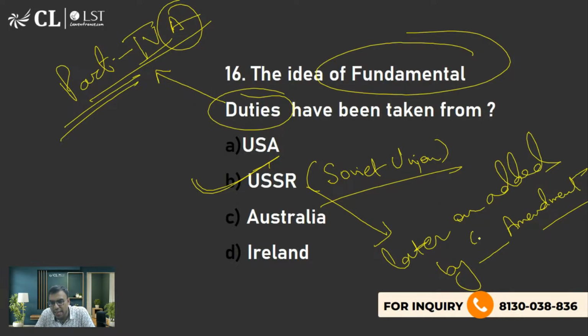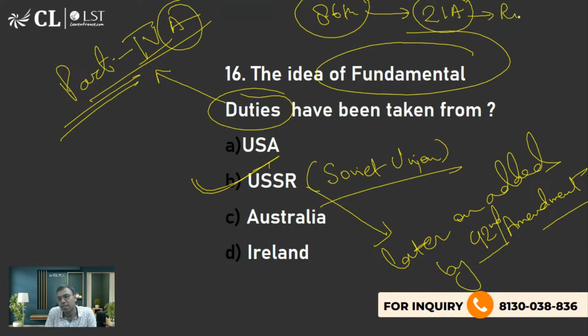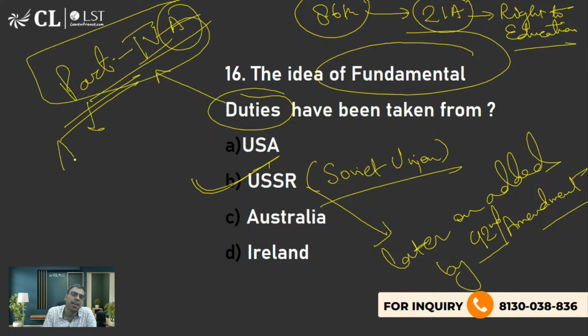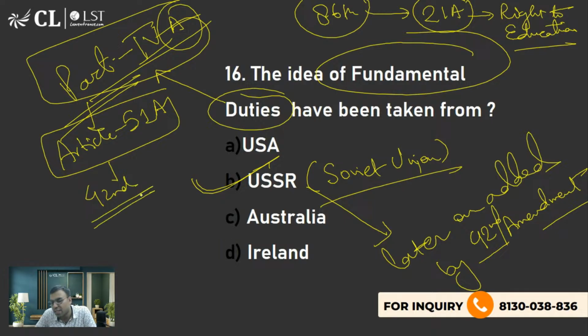Yes, 42nd amendment, right? नहीं, 86th amendment से तो right to education से related था ना. 86th amendment से article 21 capital A was added, जो कि right to education की बात करता है. ठीक है. ओके. पार्ट 4A में एक ही आर्टिकल है ना, आर्टिकल 51 कैपिटल A, and this was added by 42nd amendment during the time of emergency. वही जो मिनी कॉन्स्टिट्यूशन जिसको कहते हैं, है ना.